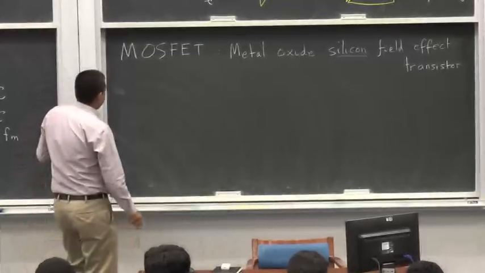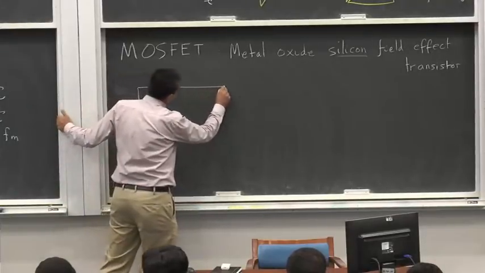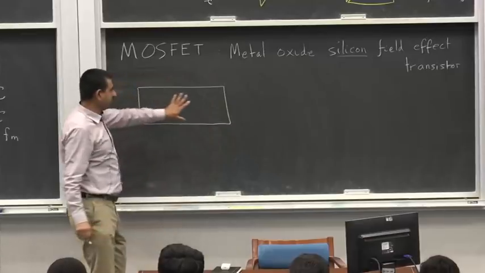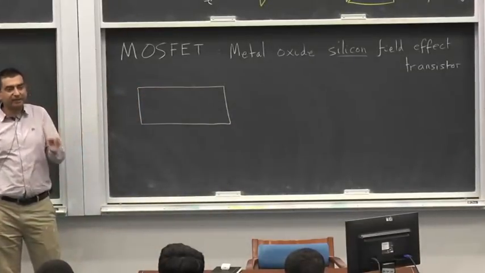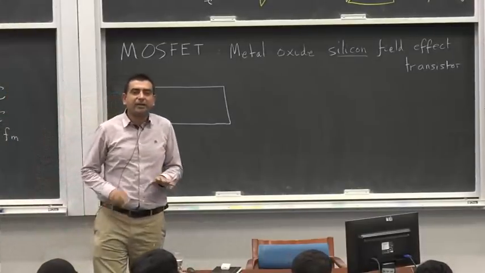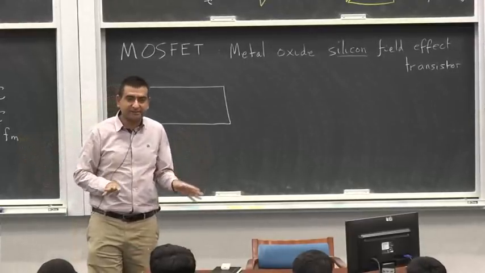So a MOSFET is a device which in its simplest forms looks like this. You have a material which is semiconducting. We'll have separate lectures on semiconductors, but invoking your knowledge of semiconductors at the A level or FSC, I think this is good enough.